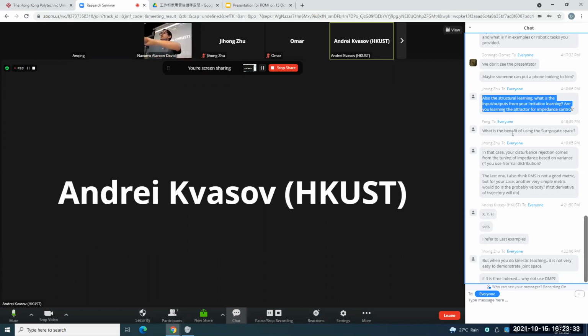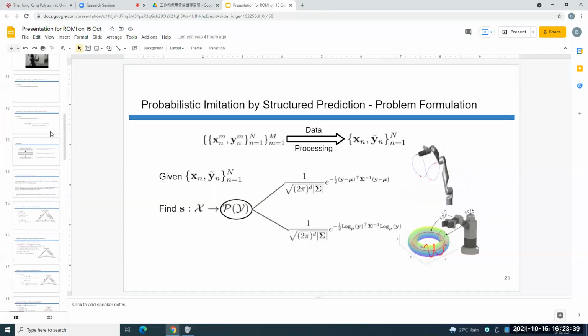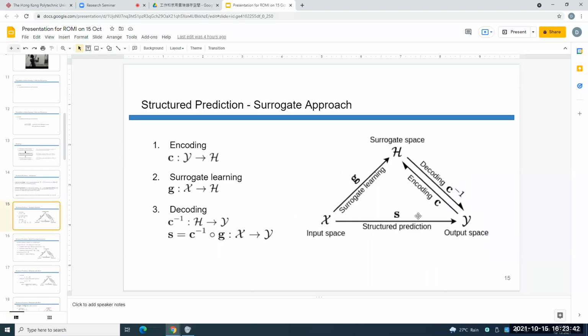Peng, what is the benefit of using the surrogate space? The benefit of introducing the surrogate space is that we can transfer the original complex structure prediction problem to this surrogate learning.